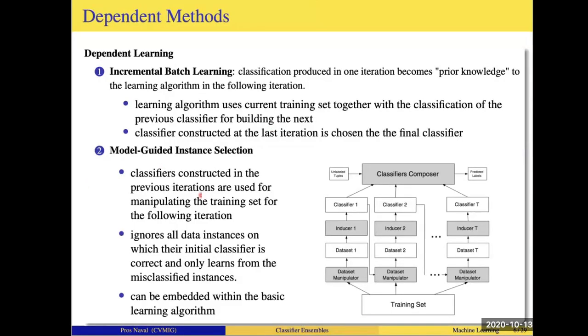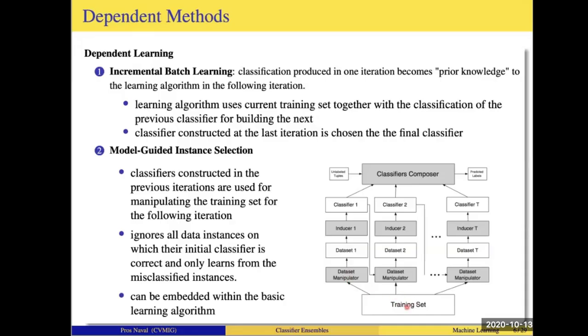Here, the classifiers that are constructed in the previous iterations are used for manipulating the data set for the following iteration. So it's described by this diagram here. You have your training set, and you have what is called a data set manipulator. It basically chooses a portion of your data set.